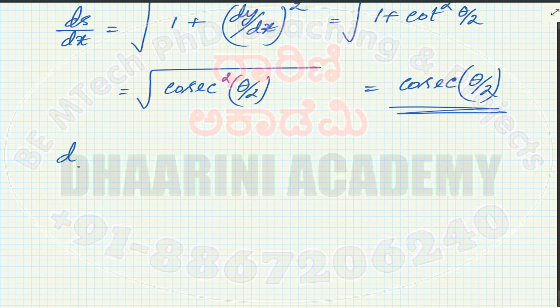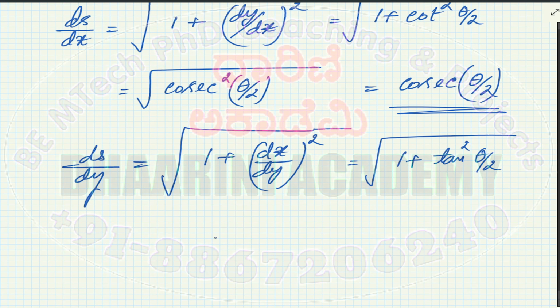Dy by dx is cot theta by 2, and 1 by that will give you dx by dy, which is tan theta by 2. So this is tan square, angle is theta by 2. Alright, so 1 plus tan square theta is nothing but a secant square theta by 2. So square root and square will cancel, and you get secant of theta by 2 as the final answer. Okay, this is the standard answer.